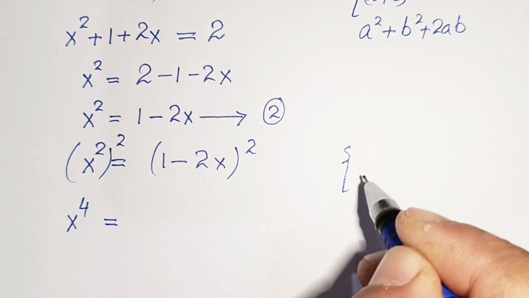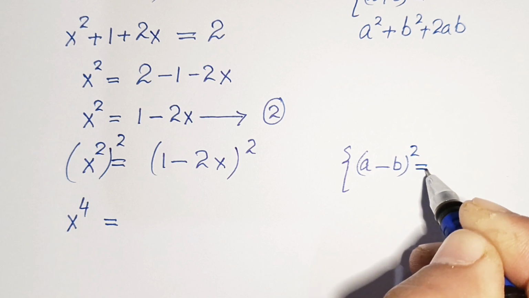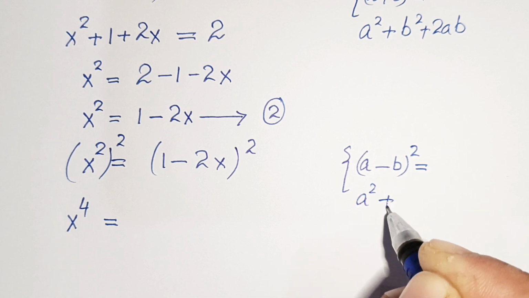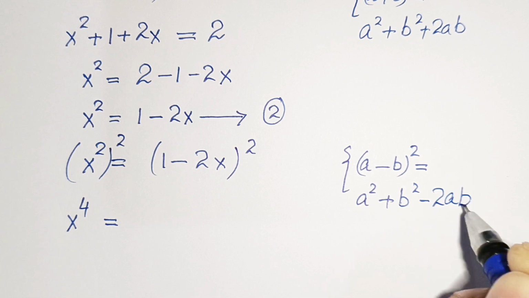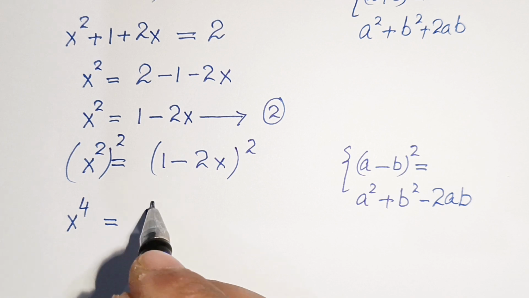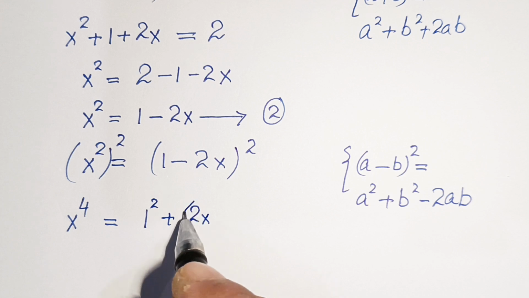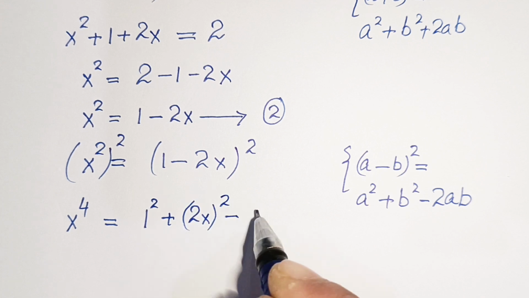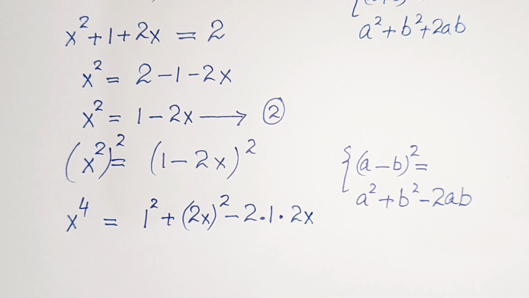As we know that if we have a minus b whole squared, then it is equal to a squared plus b squared minus 2 times a times b. So here it will be 1 squared, that is 1, plus 2 times x whole squared and minus 2 times 1 times 2x.